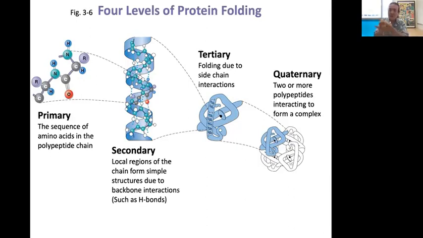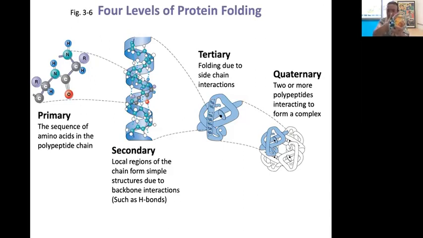Tertiary then would be how the whole thing kind of comes together to form a three-dimensional shape. So that's tertiary, that's 3. Quaternary then is you have examples of maybe other molecules of the same or different protein that are also folded up in a tertiary shape, coming together, and together these would form the functional protein.